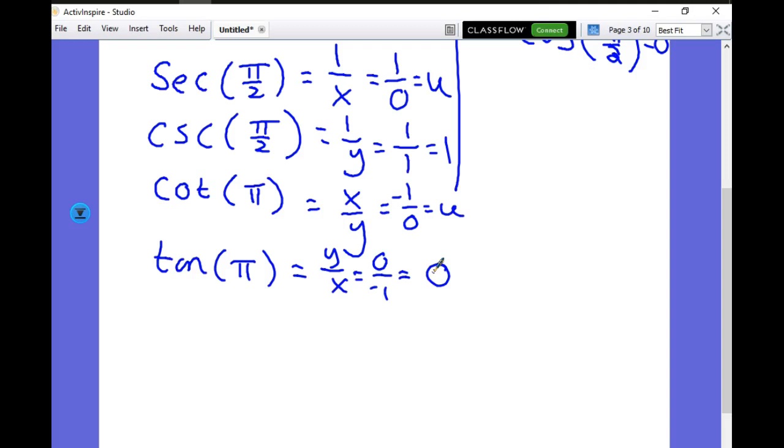Here we go. Let's do one of these. Let's say I have tangent of 60 degrees. Tangent of 60 degrees.